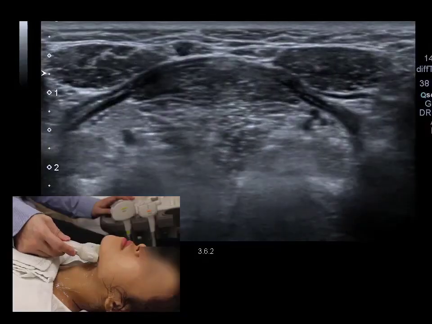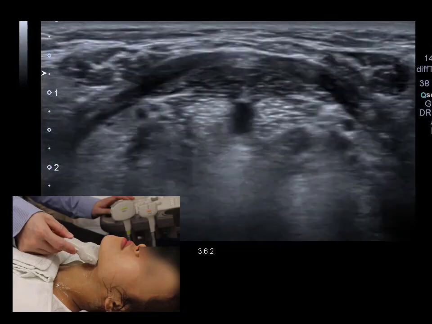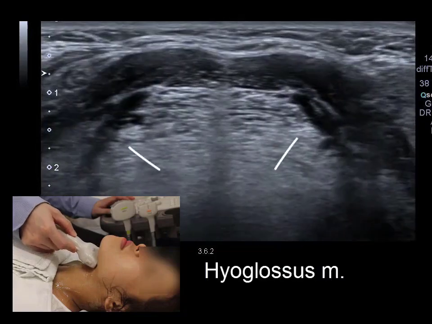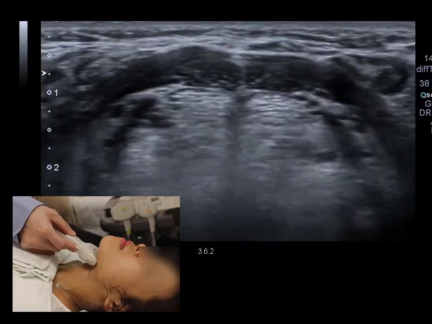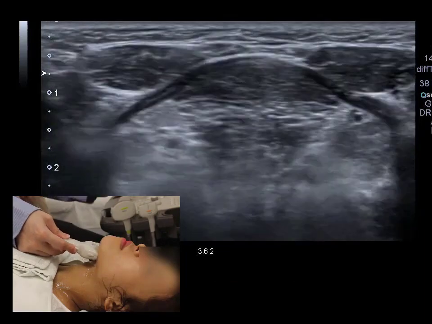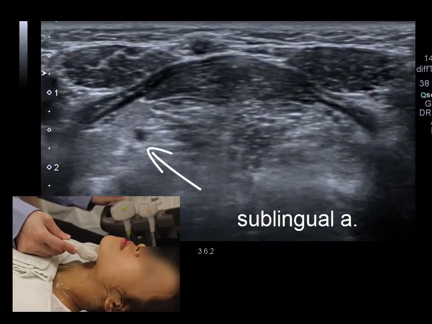Next, we're going to see the sublingual space in detail. If you move the probe more posterior, the inner muscle is the hyoglossus muscle, which is an important muscle. In the sublingual space, there's a sublingual artery traversing inside the sublingual gland like this.